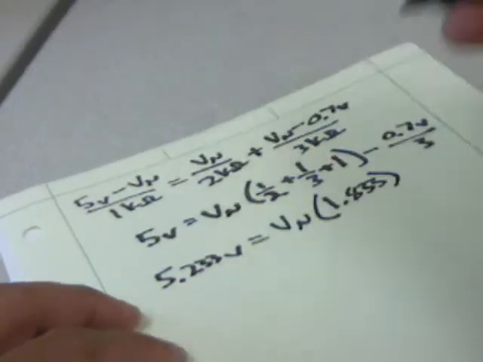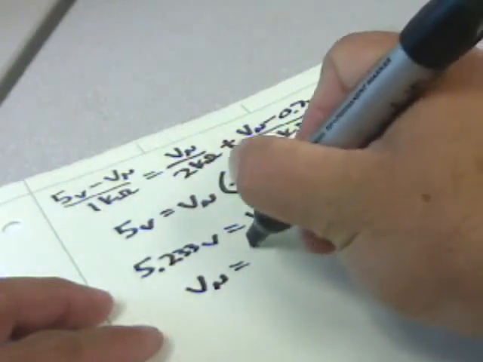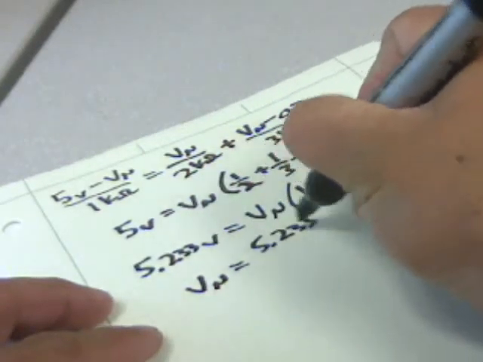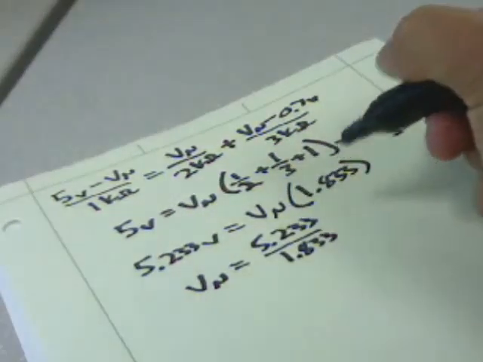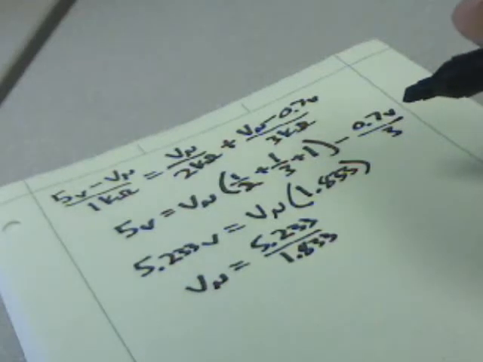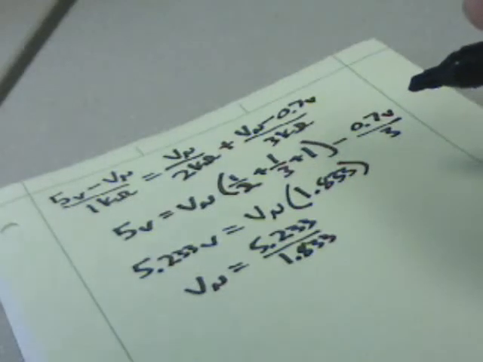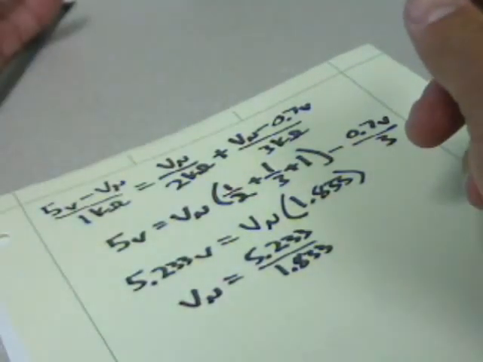We just added that to the other side, and so we divide both sides, and we have Vn is equal to 5.233 divided by 1.833, and that should equal 2.854.